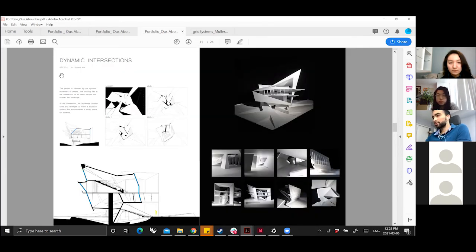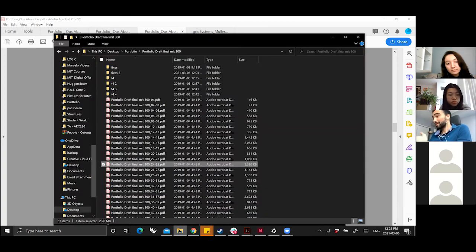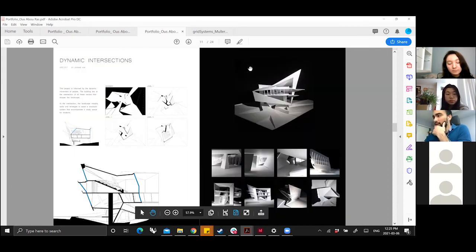If it's line work, I would print it. If it's a JPEG, I would try to reduce the image, because in the beginning mine was 70 megabytes because I had so many images and projects, but then I was able to reduce it to 20 megabytes. And yeah, that's it. Does anyone have any questions?